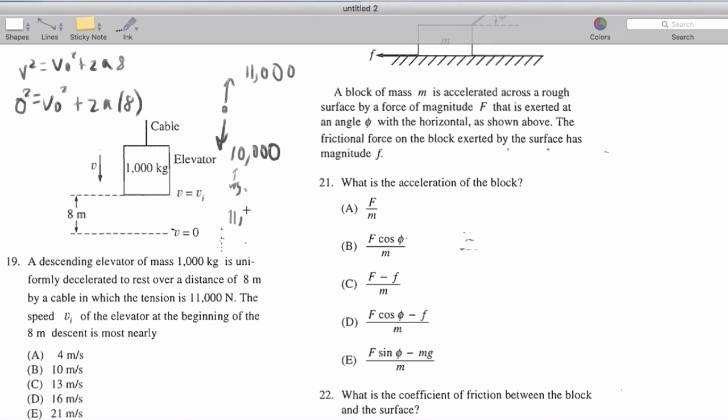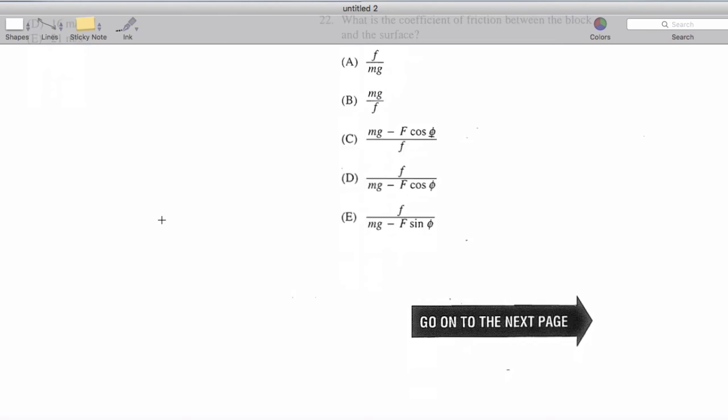It's 11,000 minus 10,000 equals 1,000 times a. So that's giving us an acceleration of 1 meters per second squared. So we're getting that v naught squared, and it's an acceleration in the opposite direction of the elevator's motion, so it's -1. So v naught squared equals 16. V is 4.